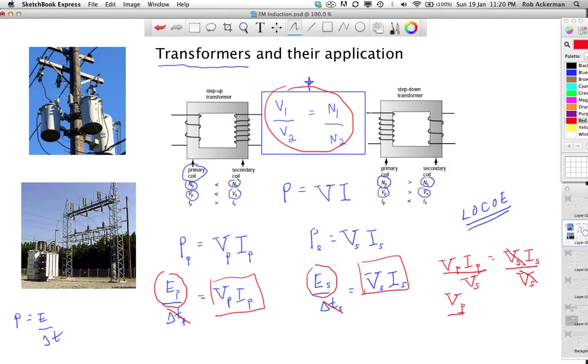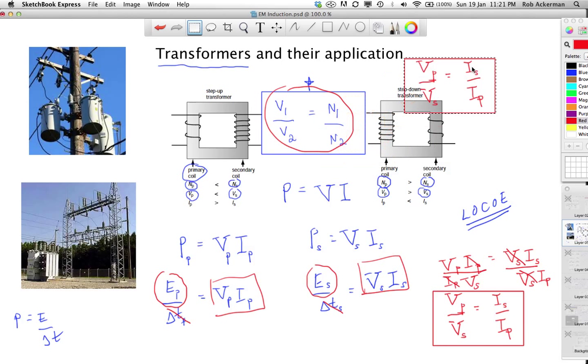That's going to cancel out the voltage on the other side here, and I'm going to get Vp over Vs. I'm also going to divide both sides by Ip, so that this cancels with that, and that's going to leave me with Is over Ip, like this. Now let me highlight that so I have this equation here, and I'm just going to copy this and paste it in up top.